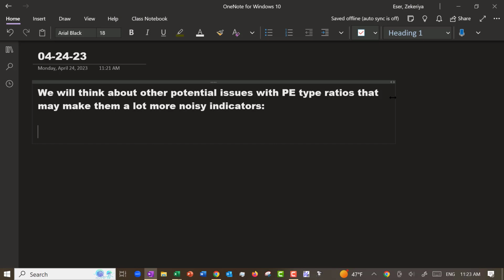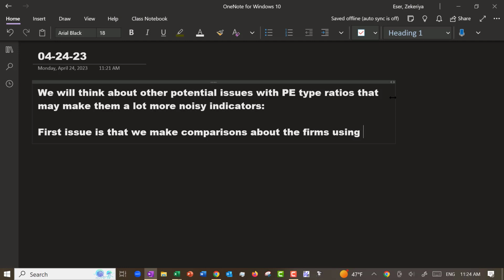And the first issue is that we make comparisons about the firms using price per share, but that price is that of equity.